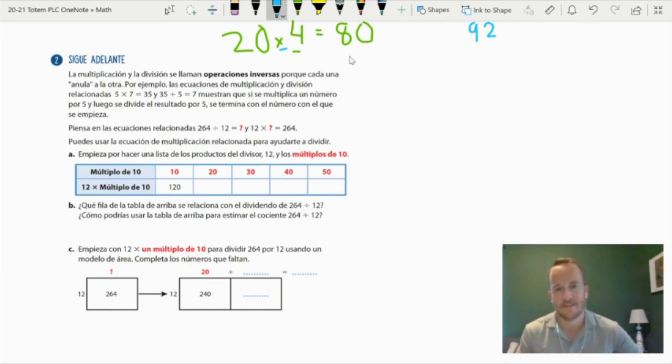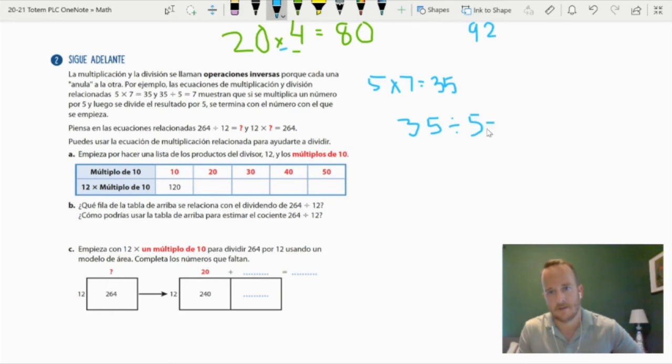Ok, lo que quiere decir es que aquí 5 por 7 es igual a 35, ¿verdad? Y luego vamos a dividir ese 35 entre 5, ¿sí?